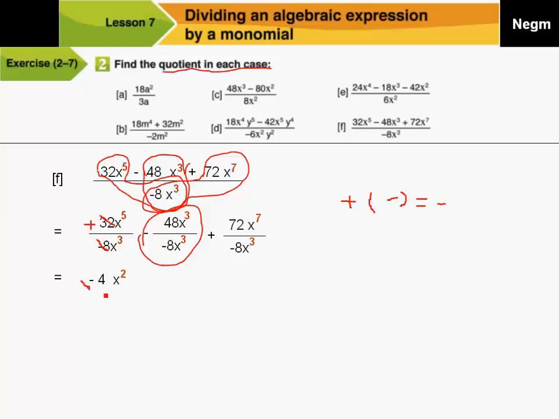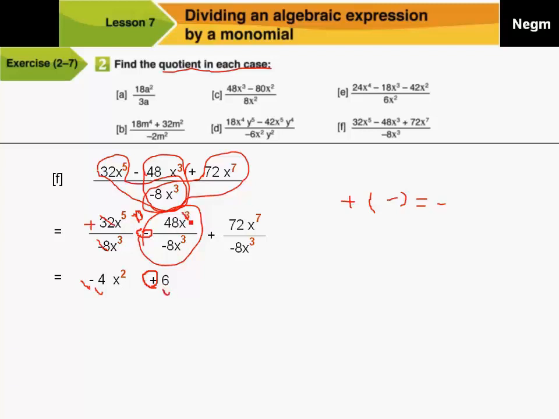32 divided by 8 is 4. X to power 5 divided by x to power 3 is x to power 5 minus 3, which is x to power 2. Here we have minus at the numerator and minus at the denominator, so minus divided by minus is the same as minus multiplied by minus, which is plus. We take plus here, don't forget please. 48 divided by 8 is 6.